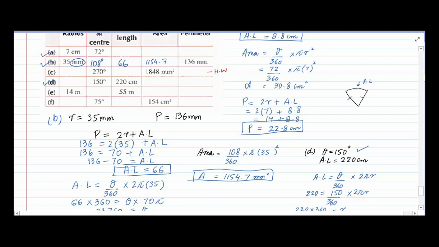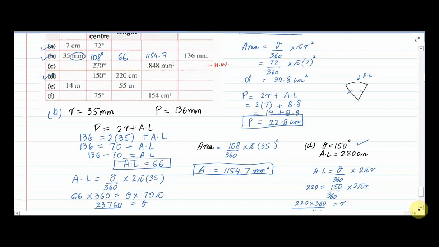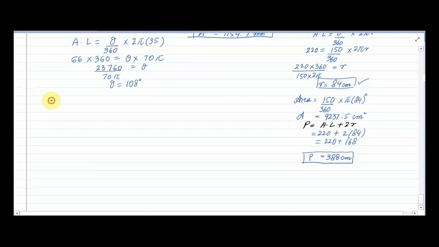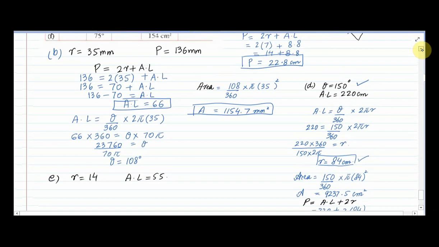Now part E. Radius is 14 and arc length is 55, right?